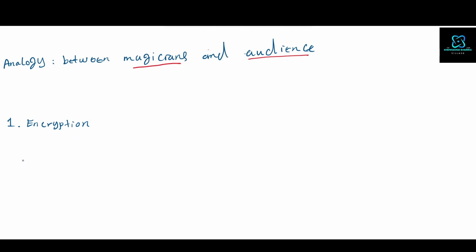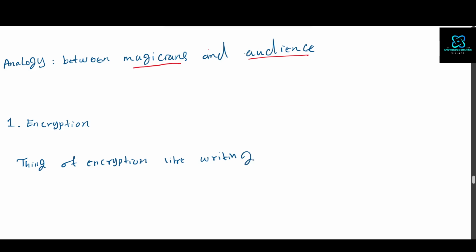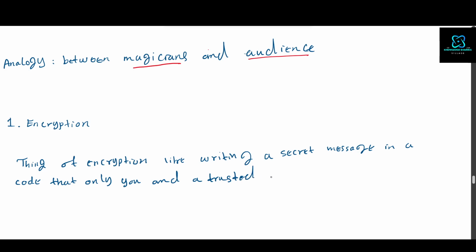The analogy that we can use is, think of encryption like writing a secret message in a code that only you and a trusted friend understand.